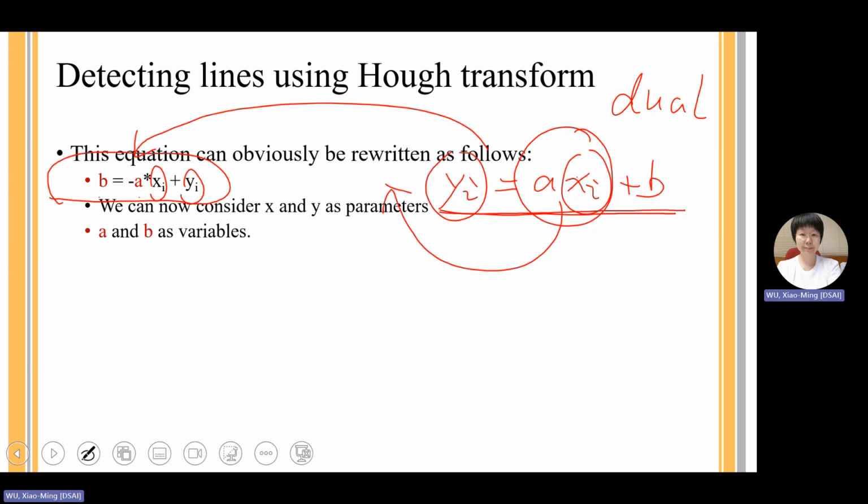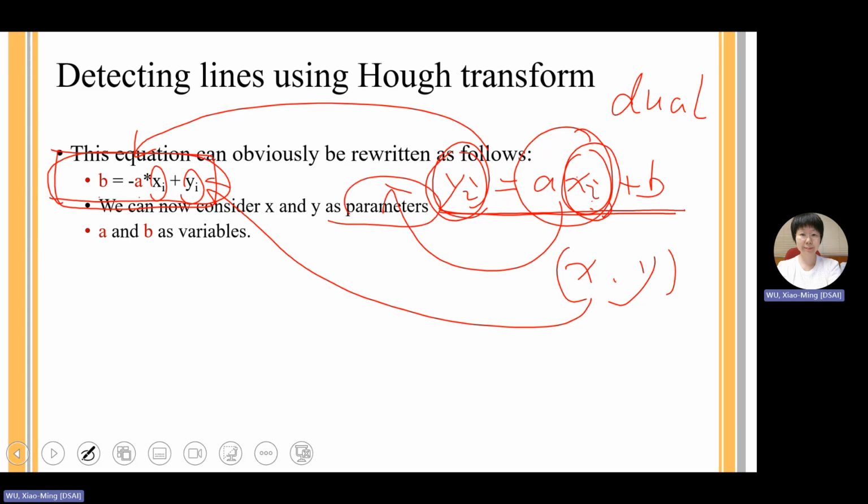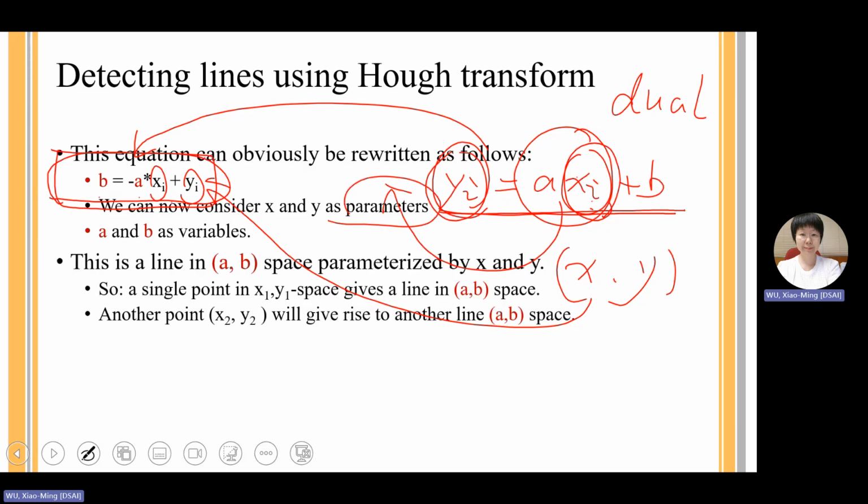So xi, yi in the XY space corresponds to a straight line in the AB space, because xi, yi are considered as parameters in the AB space.